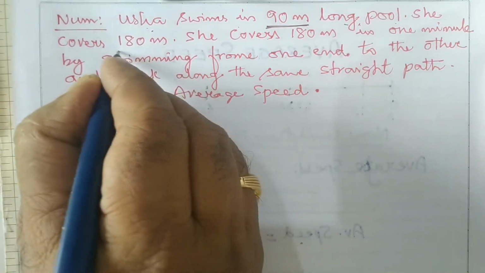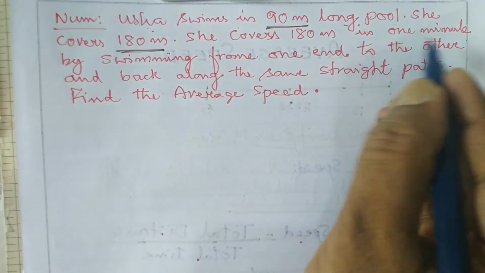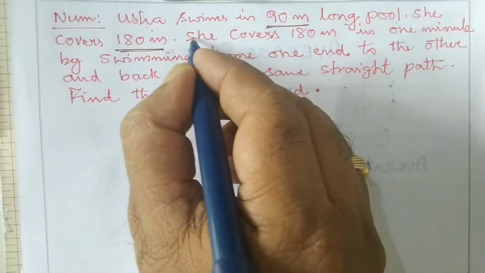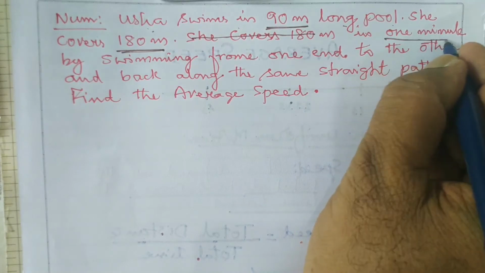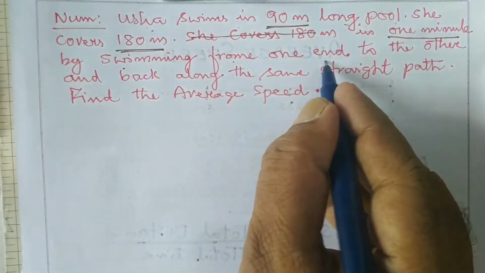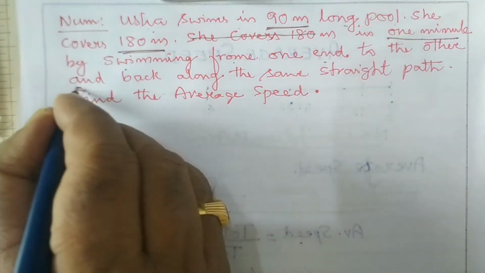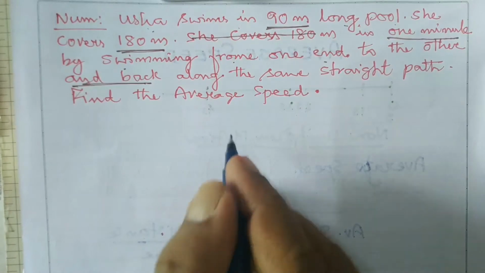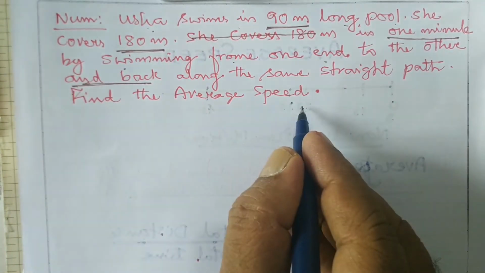She covers 180 meter in 1 minute. In 1 minute she is covering. So the time is 1 minute. By swimming from one end to the other, and also back, along the same straight path, find the average speed.